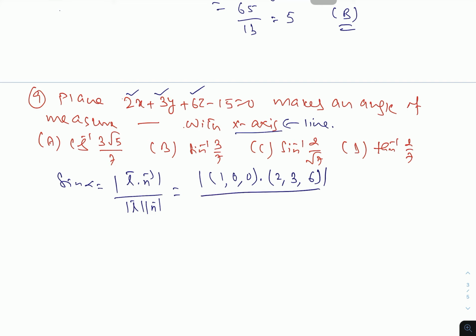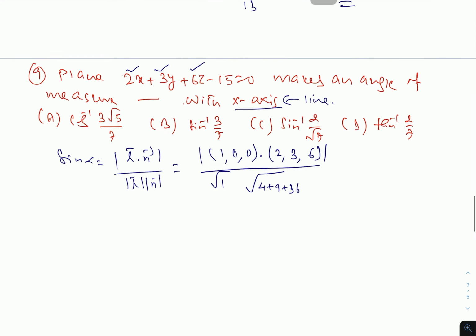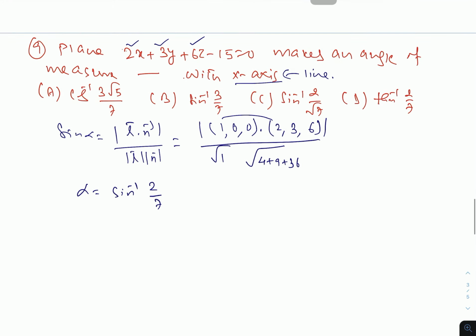Then this is root 1 and this is root of 4, 9 and 36. So alpha equal to sine inverse, this is only 2, and 36 plus 49, so it is 7. So sine inverse 2 by 7, but there is no option with sine inverse 2 by 7.